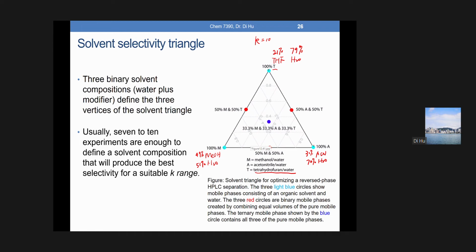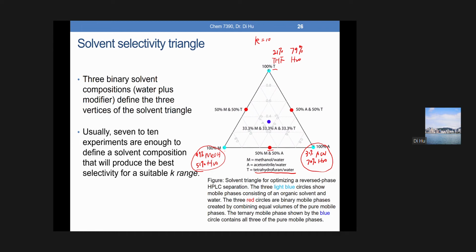The red dots are binary mobile phases created by combining equal volumes of the blue dots. We use 50% of this mixture plus 50% of that mixture, and then we get this red dot. That will be the next step you try.